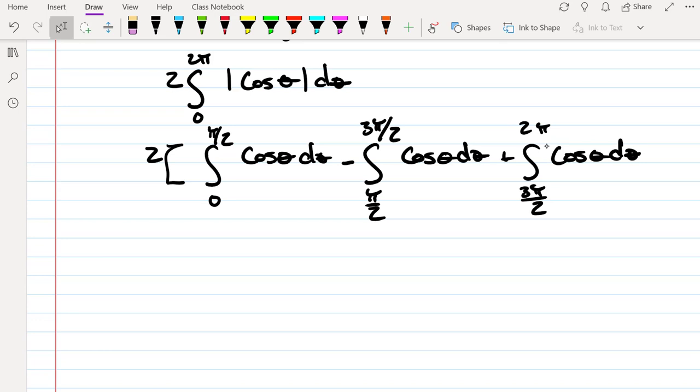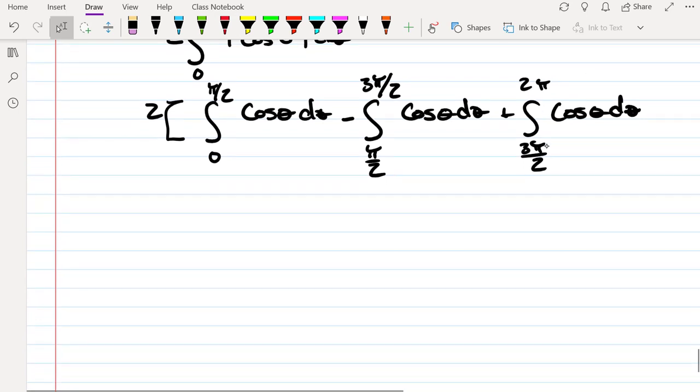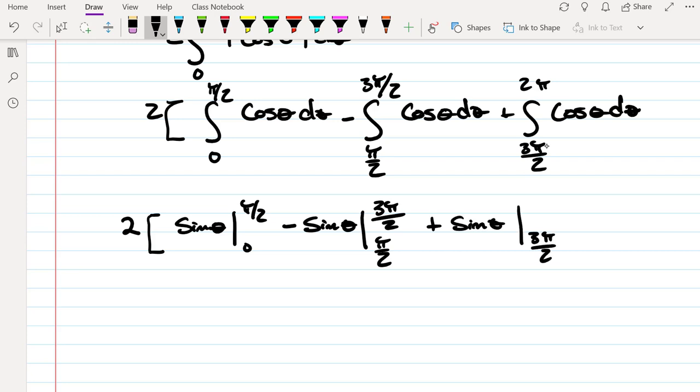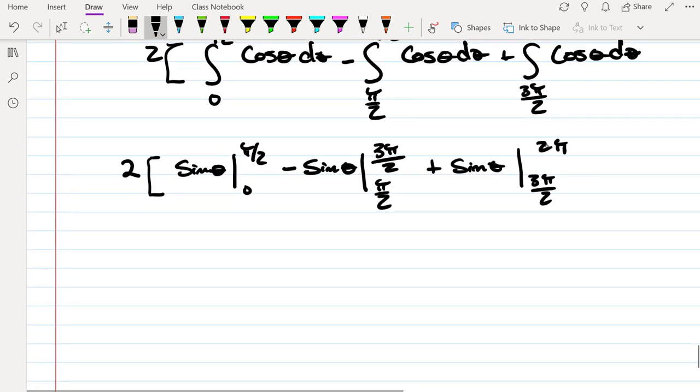So then, taking our antiderivatives again, the antiderivative of cosine is sine for all of these, so we're going to have sine theta evaluated from 0 to pi over 2 minus sine theta evaluated from pi over 2 to 3 pi over 2, plus sine theta evaluated from 3 pi over 2 to 2 pi.